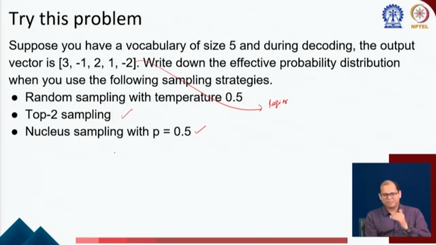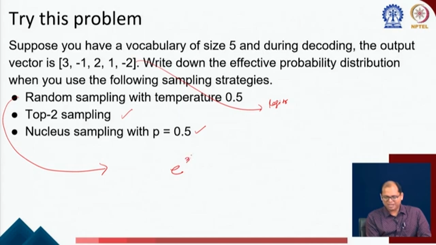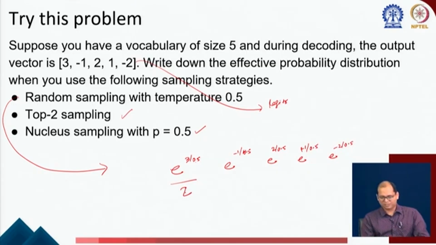When I do softmax, in the first case, I will take e to the power 3 by 0.5, e to the power minus 1 by 0.5, e to the power 2 by 0.5, e to the power minus 1 by 0.5, e to the power minus 2 by 0.5, and divide by g, that is the summation of all this. And this would be e^6, e^-2, e^4, e^2, e^-4.